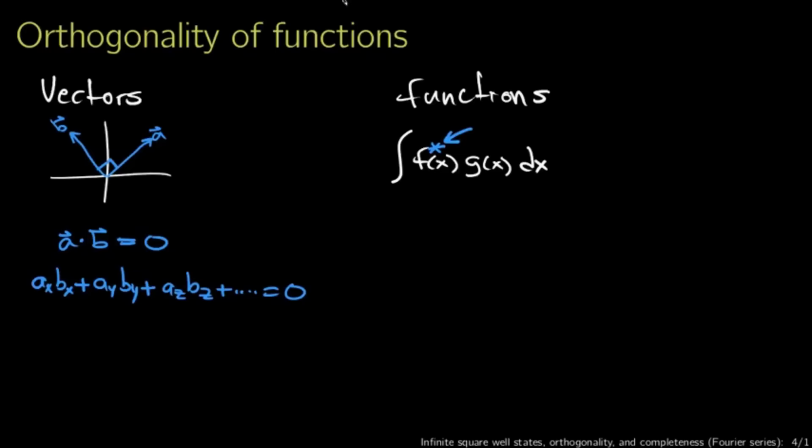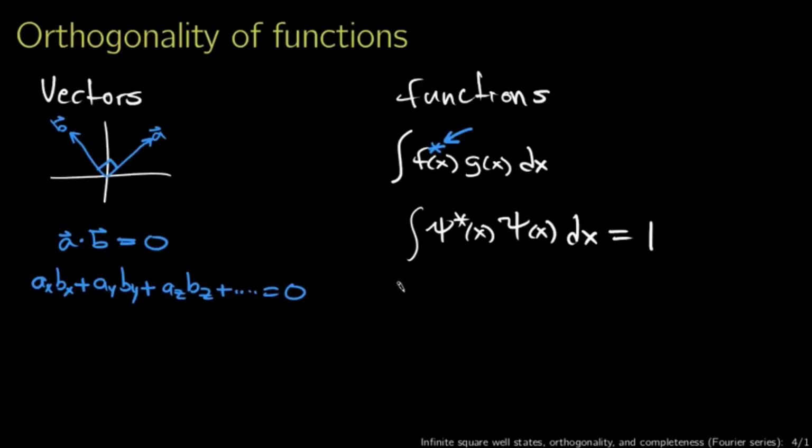This should start to look familiar now. You've seen expressions like the integral of psi star of x times psi of x dx is equal to 1, our normalization condition. This is essentially the dot product of psi with itself. Psi, of course, is not orthogonal to itself, but it is possible to make a pair of functions that are orthogonal.